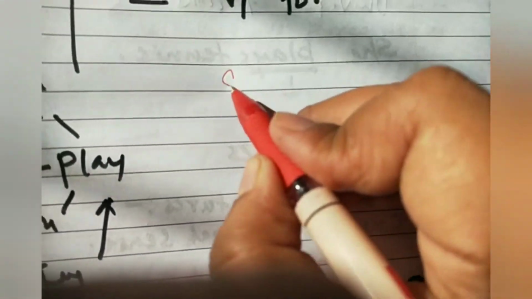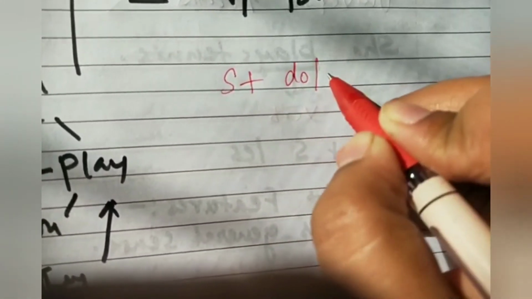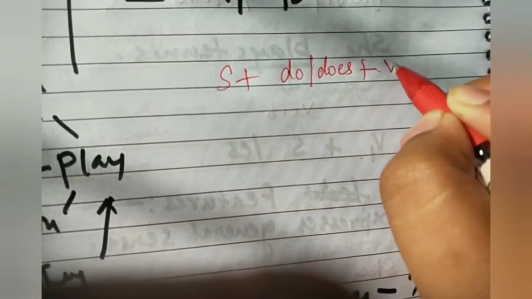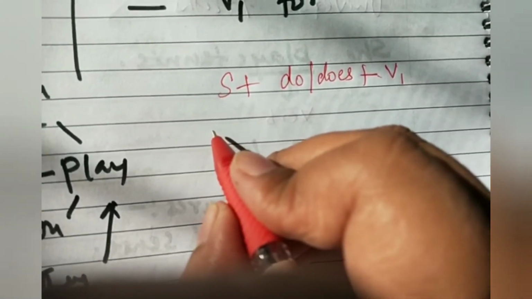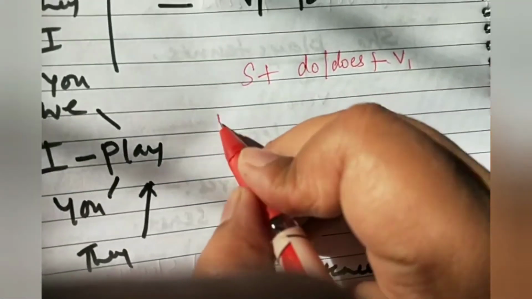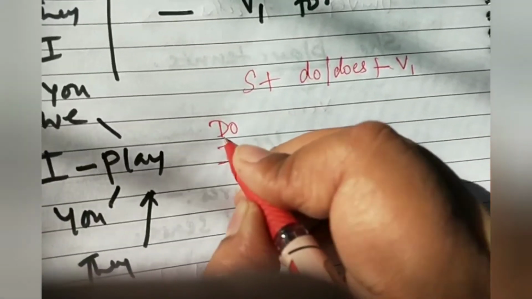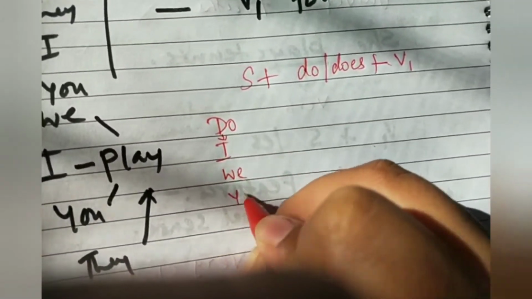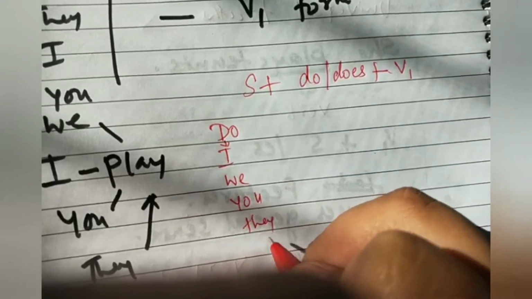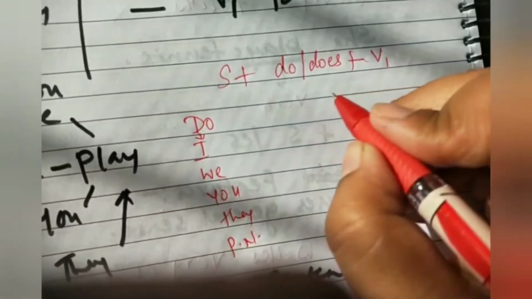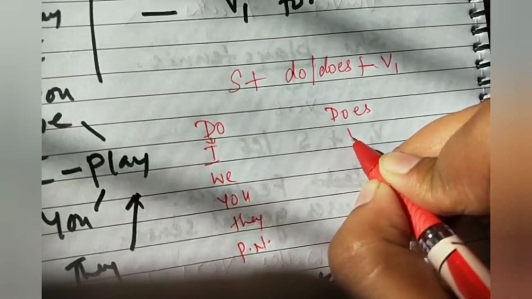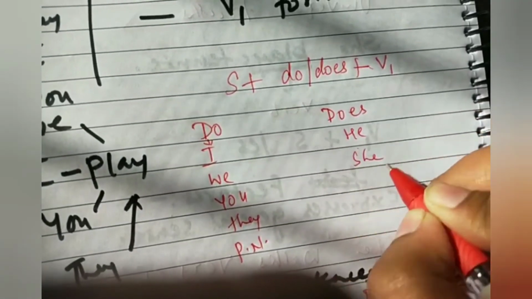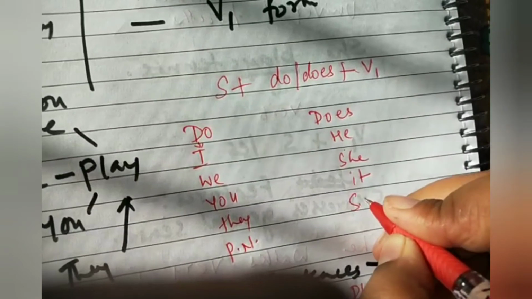So the negative form will be subject plus do or does plus not plus V1. The same rule will follow: with do we add I, we, you, they or plural nouns, and with does we use he, she, it or singular nouns.